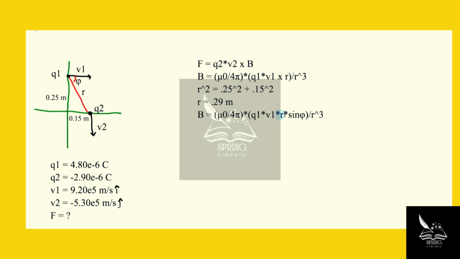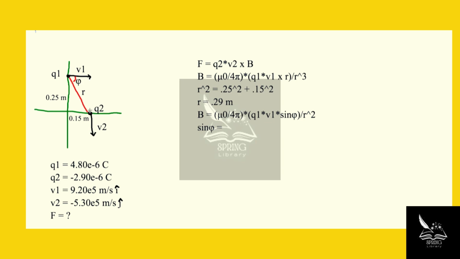So I'm just going to quickly cancel out one of these factors and turn this into r squared, just while we have it here. So now we need to know what sine of phi is. Well, if you look at this angle, we could make another triangle by just drawing a line right over here if we wanted. So this makes a triangle.